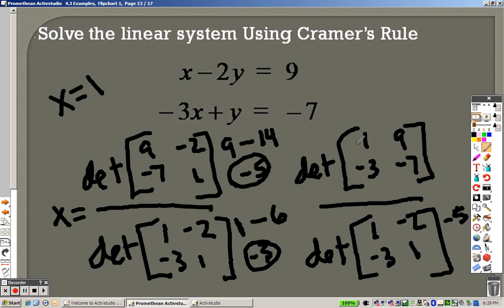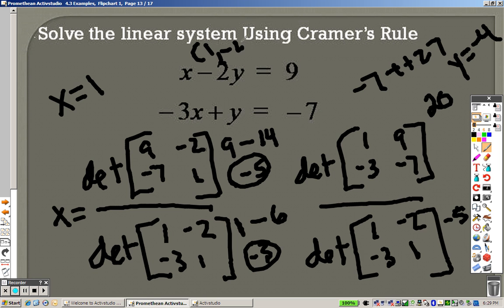So now I just need to find the top. That's negative 7 minus negative 27, which is like saying plus a positive. So I get a 20 on top. 20 divided by negative 5 is negative 4. So your actual answer is 1, negative 4. If you take the time to plug that in, you'll see that that works for both those answers.